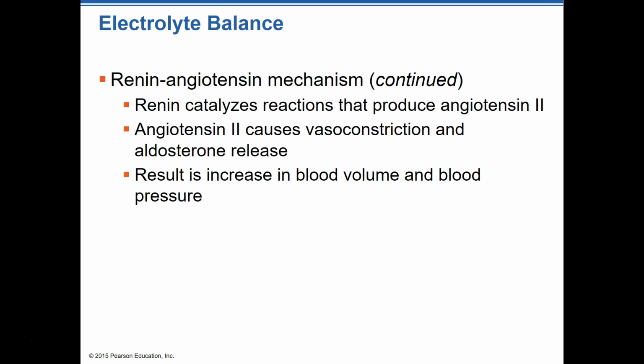Because one of the key medications that we give to treat high blood pressure is called an ACE inhibitor. ACE stands for angiotensin converting enzyme. So this enzyme that renin activates, that converts angiotensin I into angiotensin II, is called an ACE, an angiotensin converting enzyme.